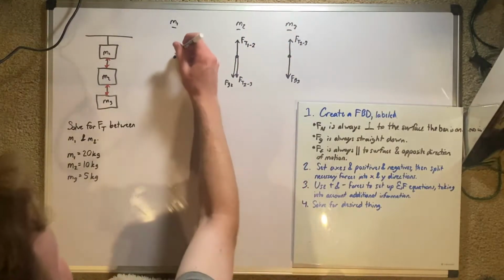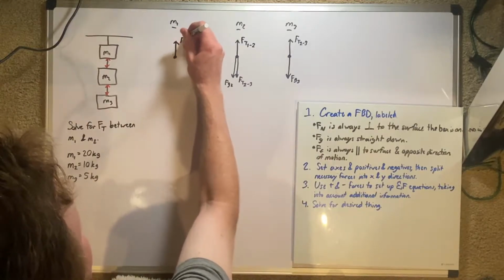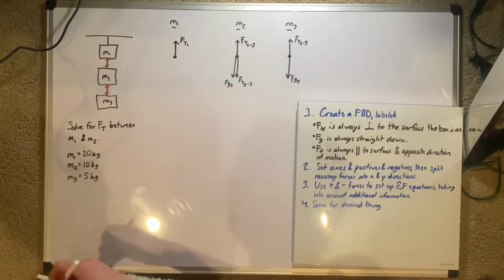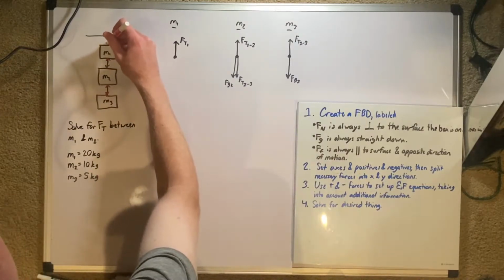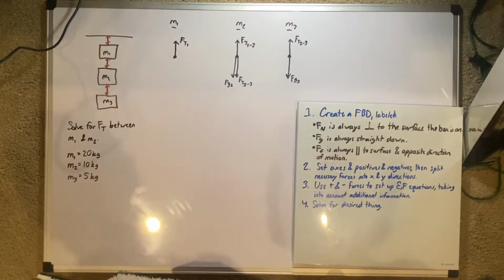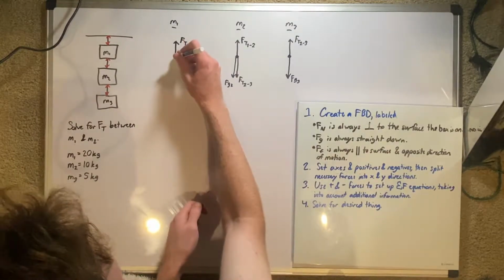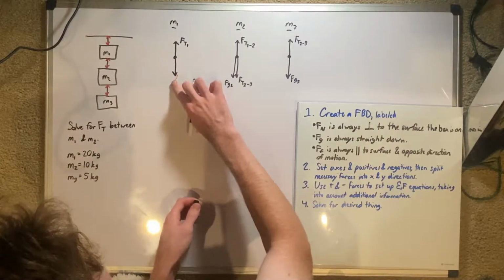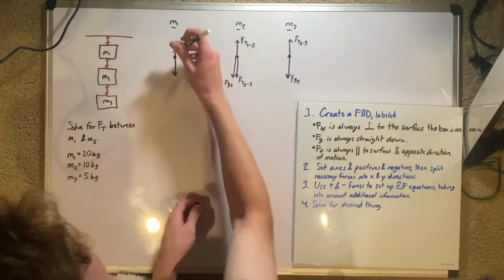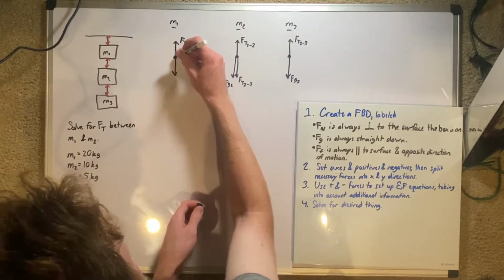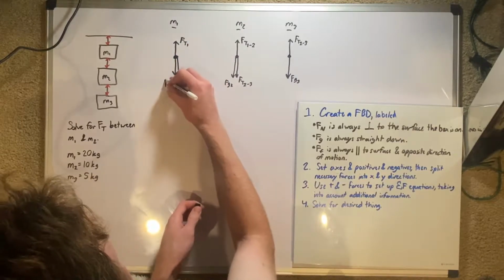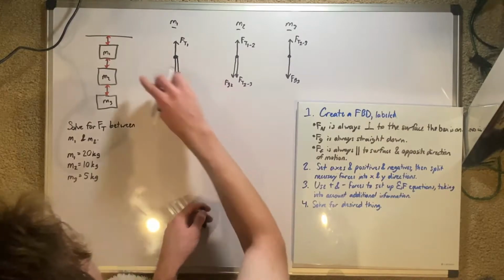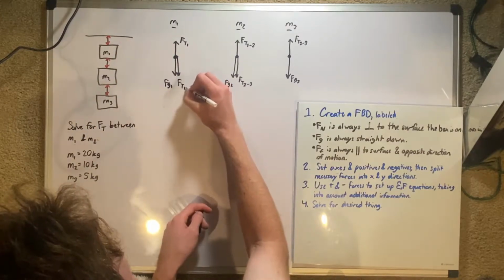And then our 1 has a force of tension that goes upwards. It has a force of gravity 1, and then a force of tension that goes from 1 to 2.